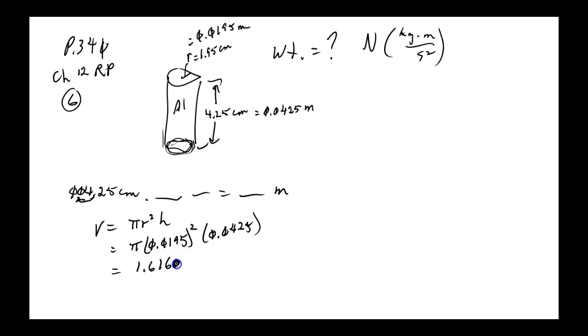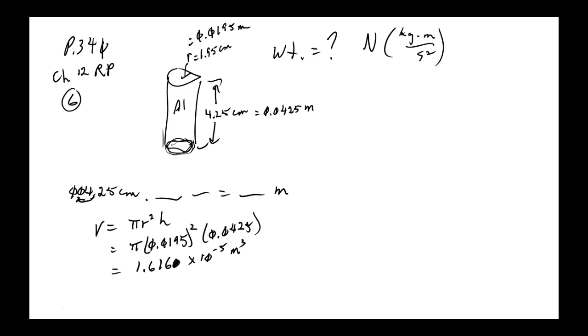We can stop there. 1.616, is that right? Times 10 to the, or does it have any times 10? Well, my calculator is showing the E. E, okay, that means times 10 to the -5 meter cubed. Okay, that's the volume.